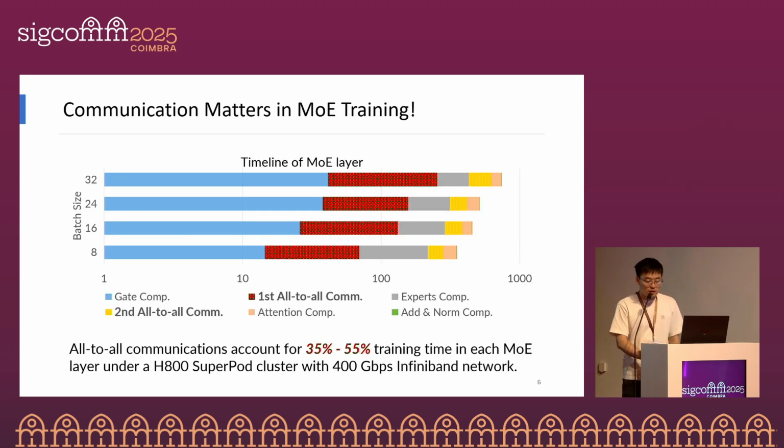In addition, our timing results reveal that for each MoE layer, the all-to-all communication consumes 35 to 55 percent of the training time. This is despite using a state-of-the-art cluster with high-bandwidth InfiniBand networking and optimized NCCL. The communication itself is still a challenge.